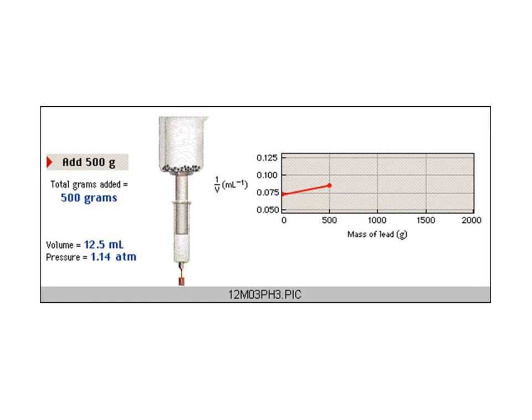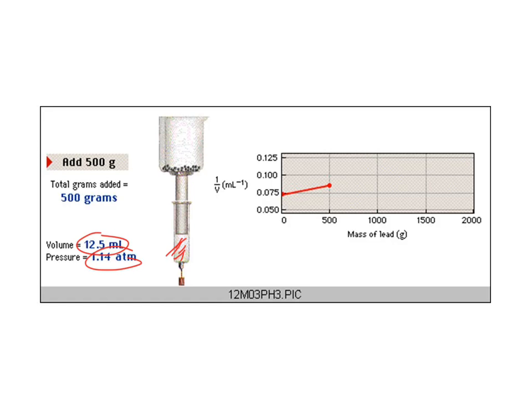So we add some weight to the cup. Notice that inside this little gas of interest right here, they've told you what the new pressure is. Increase the pressure, decrease the volume.